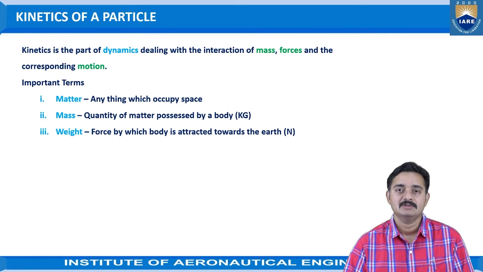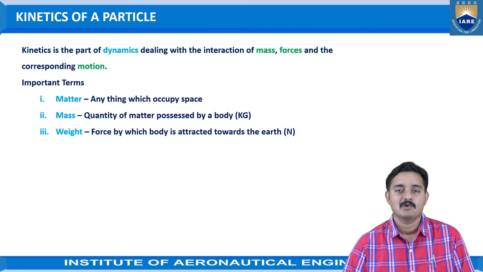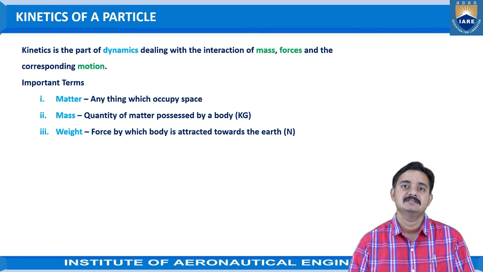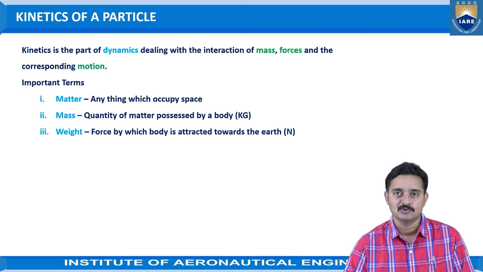We all know that objects will be pulled towards the earth with acceleration due to gravity. Because of the acceleration due to gravity, all the objects, all the bodies will be pulled towards the earth. And this weight will be represented in Newtons. That means this is treated as the equated value of the force. So weight can be considered as a force.